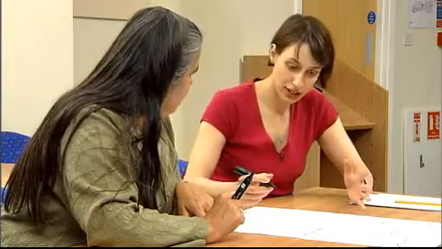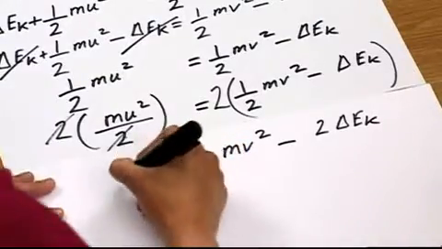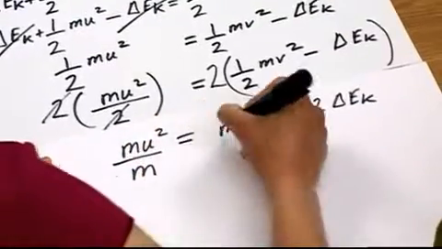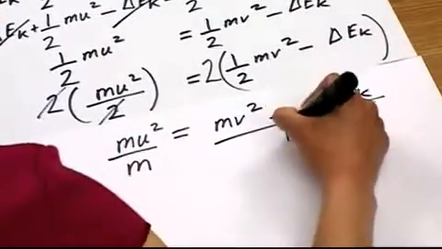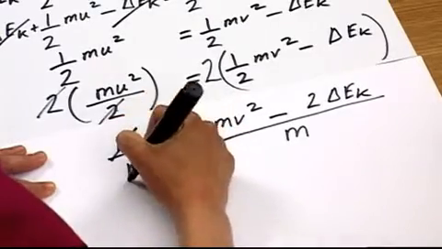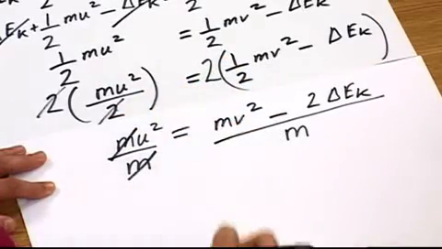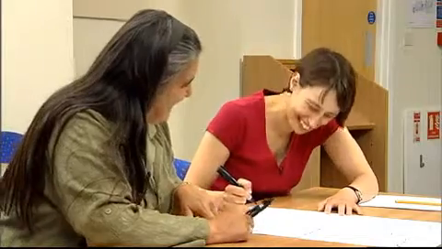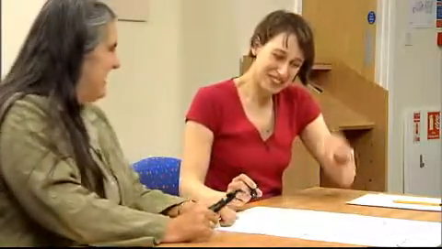You've still got an m. So I just need to divide both sides by m. The whole of that side by m. And those m's cancel, and I've still got a u squared. We're homing in on it. You just got to get rid of the square.